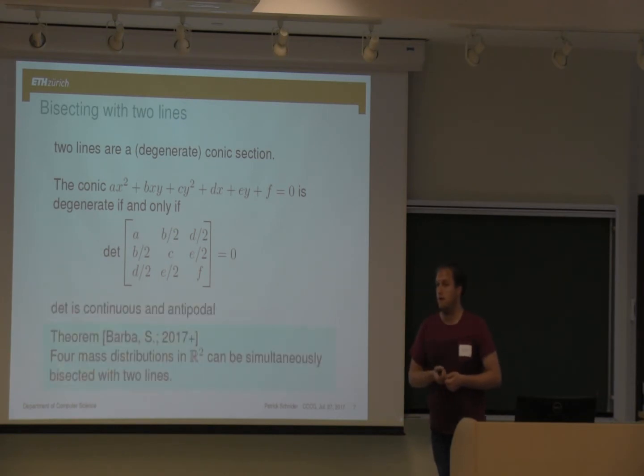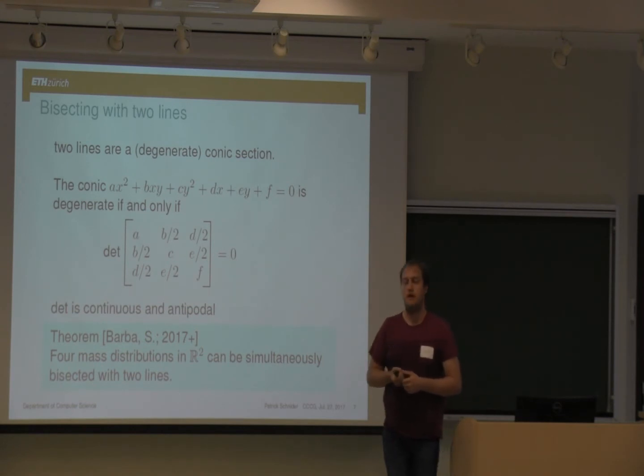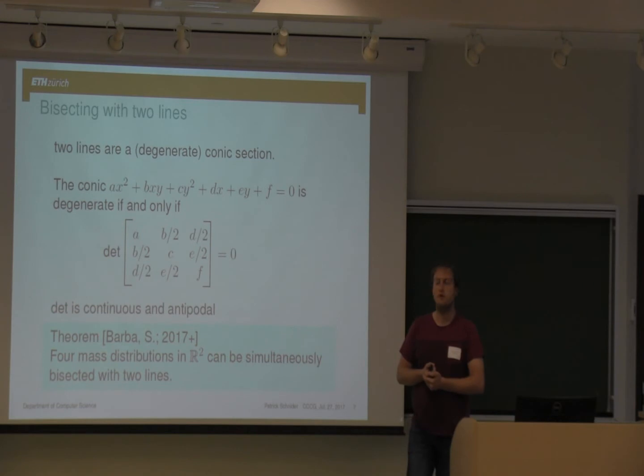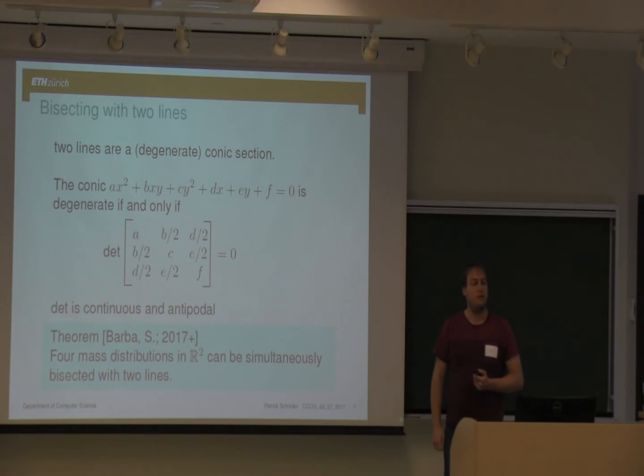Now, the determinant is, as we know, a continuous function, and since it's a 3 by 3 determinant, if we plug a minus in front of every entry, it's also going to get a minus sign before the determinant, so it's also antipodal. And now this means that we can do the same thing as we did before with this polynomial time sandwich cut, but we only use 4 functions to split our masses, and for the last function, we just plug in this determinant.